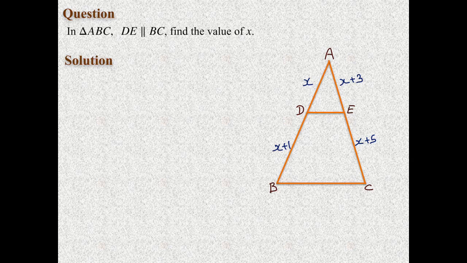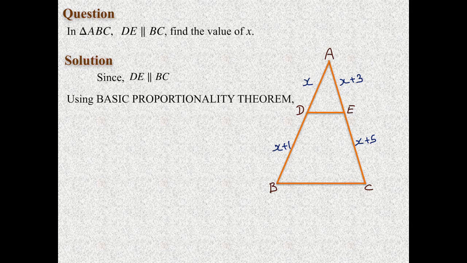So we now know that if a line segment is parallel to one of the sides of the triangle, here we have DE parallel to BC, then we can use the basic proportionality theorem and we can say the other two sides are divided in proportion. So we can write x upon x plus 1 is equal to x plus 3 upon x plus 5.